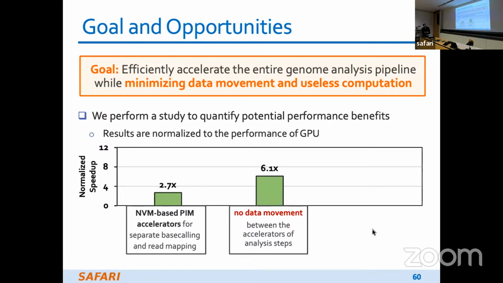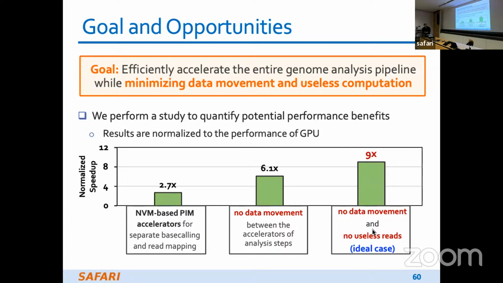And then based on that, we identify that we can further accelerate the genome analysis beyond these accelerators. Then we also assume that there is no data movement, but also no useless reads. And by looking at that, we identify we can even further accelerate this step compared to these two assumptions. So what we claim is that we minimize the data movement between the steps, but we also minimize the useless computations that we're doing between these steps.